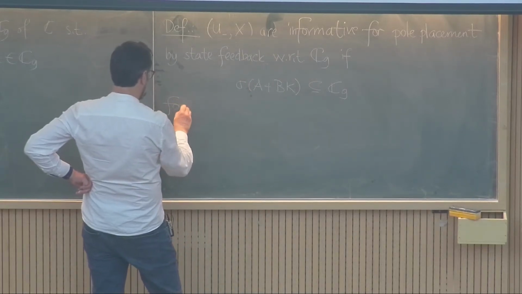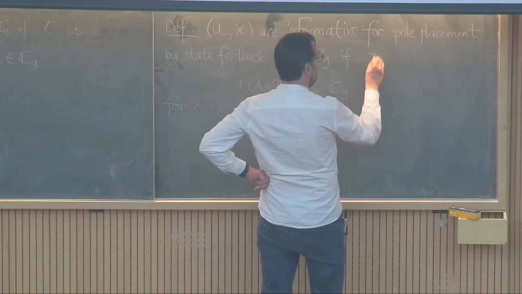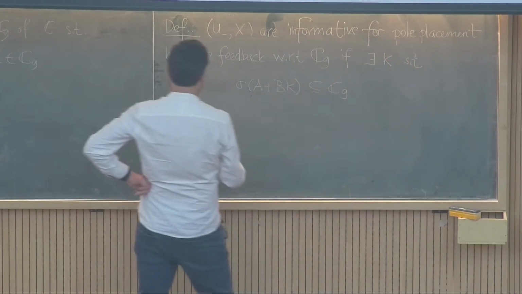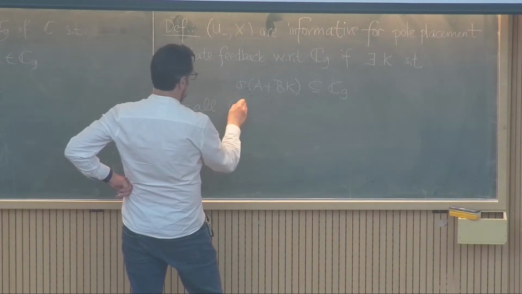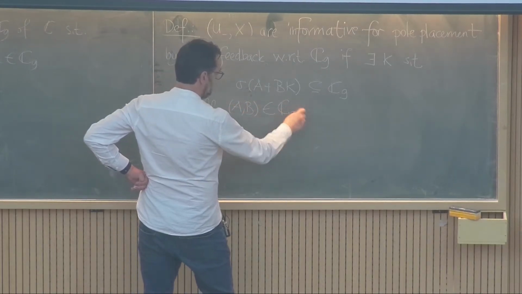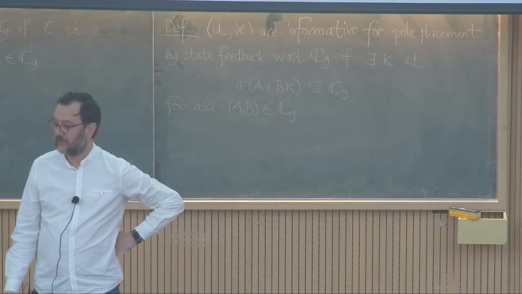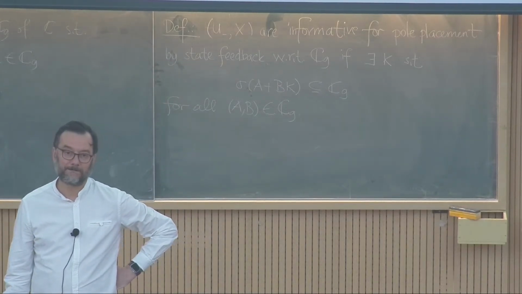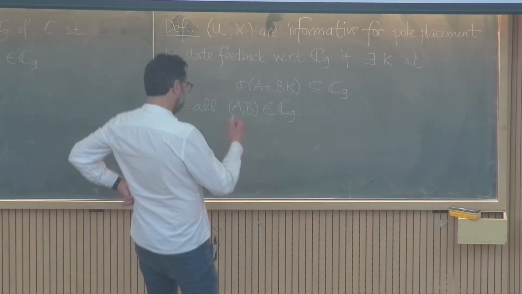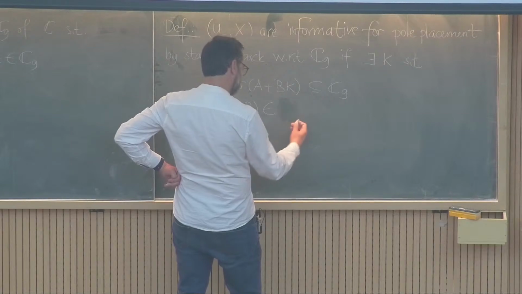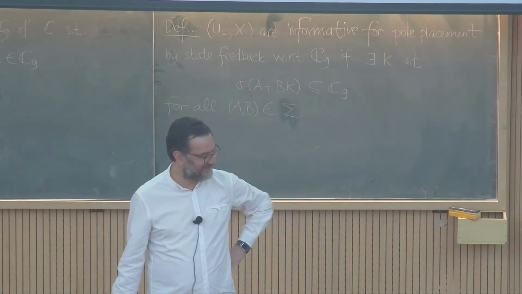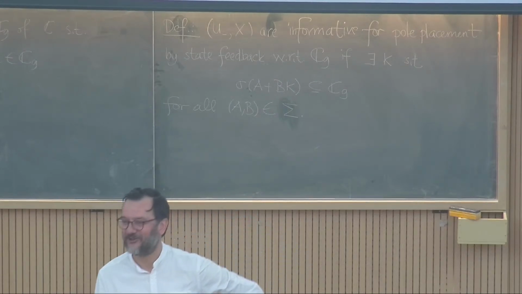If there exists a K such that for all (A, B) in sigma. I told you, I write A, I say B, and I mean C very often.